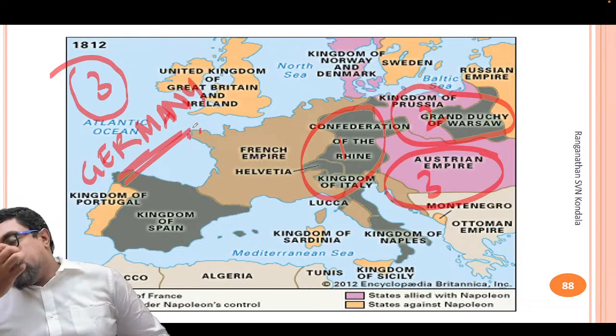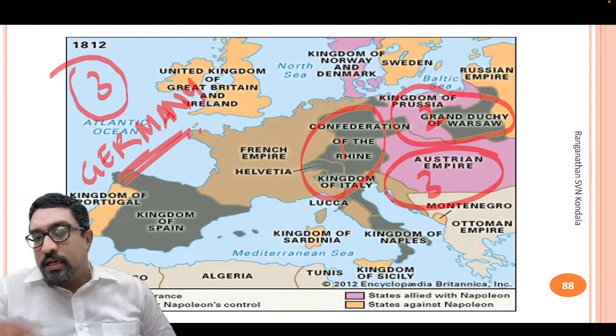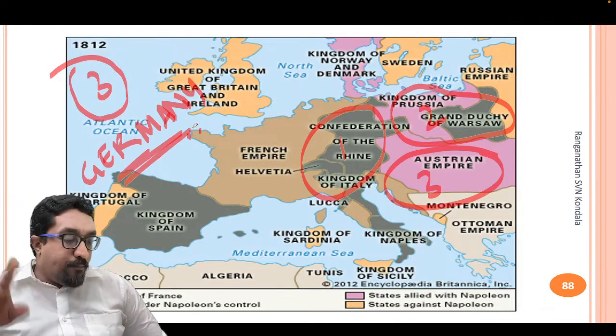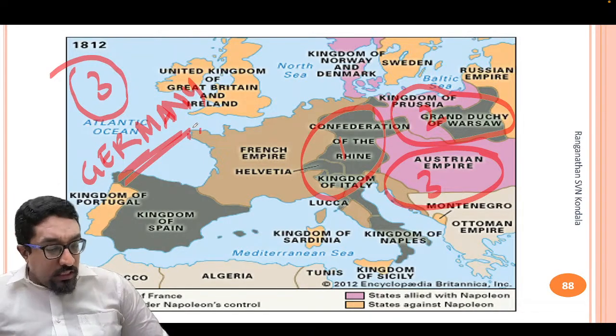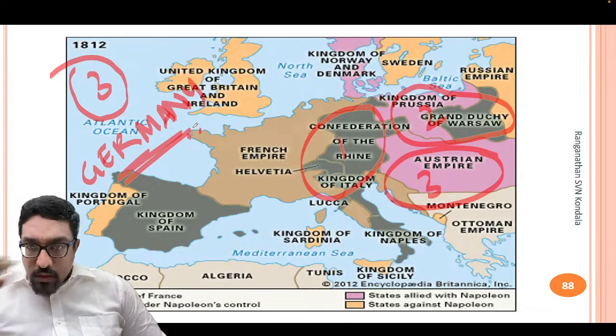Now, what was the condition Cavour said? Cavour will support Italian unification, but under his flag, no? Sardinian flag.